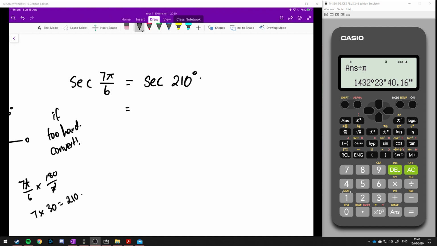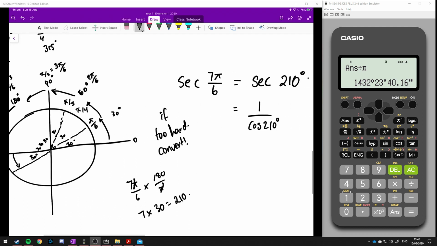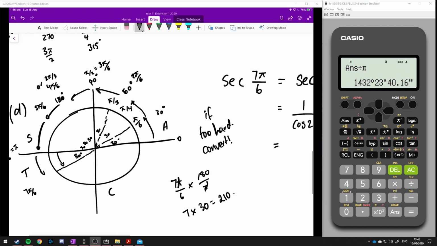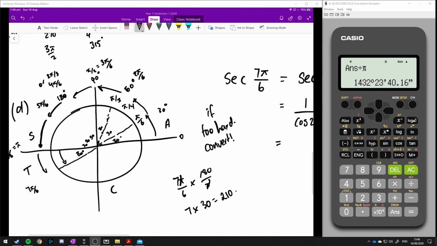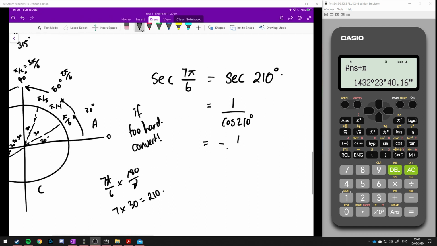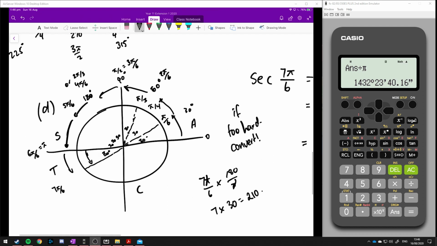So sec of 210, as we decided, is 1 over cos of 210 degrees. Now we need to work out what that is as an exact value, in terms of the unit circle. All stations to Coaldale or Central or Cardiff or wherever you are in the world: tan is the only one that's positive in the third quadrant. So this is the same as minus 1 on cos of 30 degrees, because we're 30 more than 180.